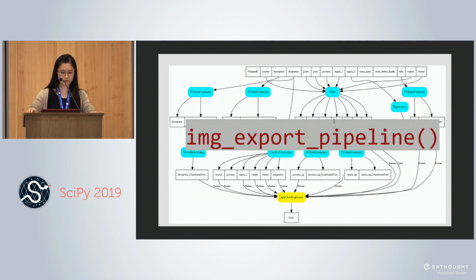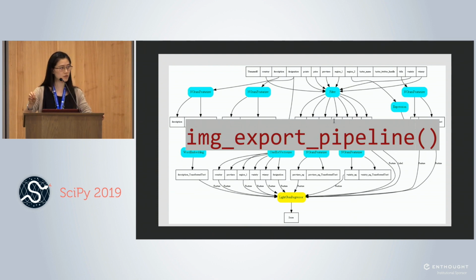But at the very top level of this figure, you can see maybe 12 columns. Those are the column names from the very raw data. We have country, description, designation, points, price, and then we add around 9 transforms. And for each transform, you can see they are using different columns as input, and it will spit out quite a few different other columns.